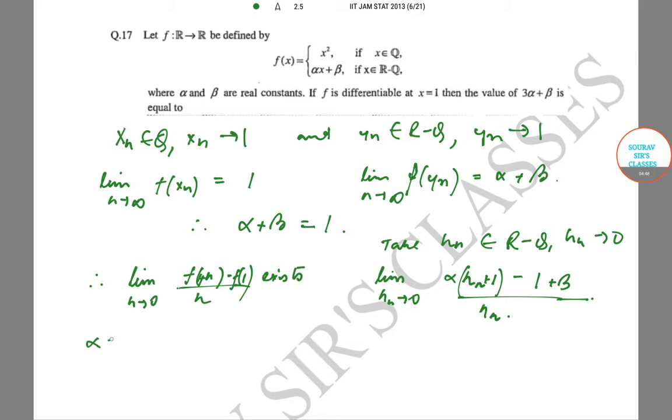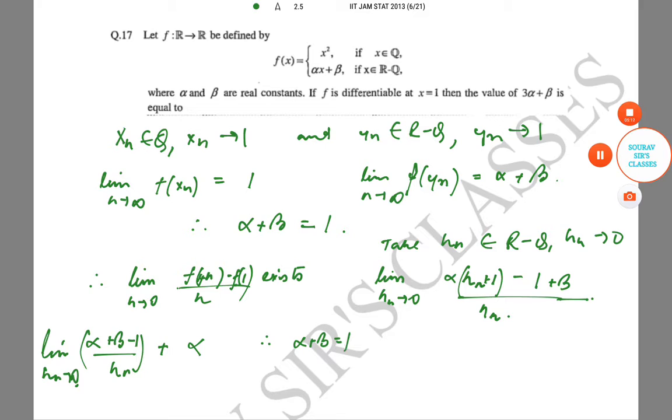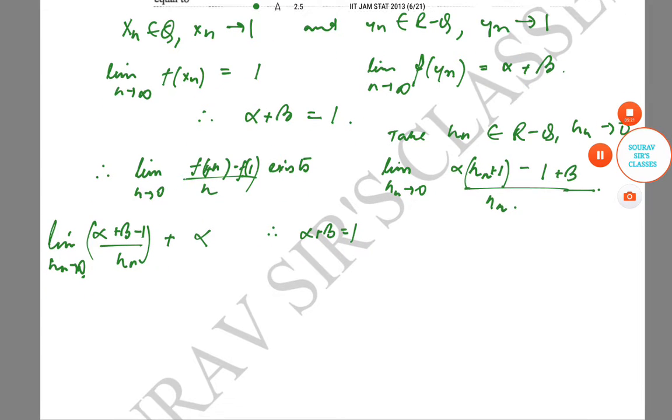So this gives us alpha plus beta minus 1 by hn plus alpha as hn goes to 0. So again from here alpha plus beta has to be equal to 1, because as hn goes to 0 the numerator has to go to 0 for the limit to exist. So we do not actually get anything new.